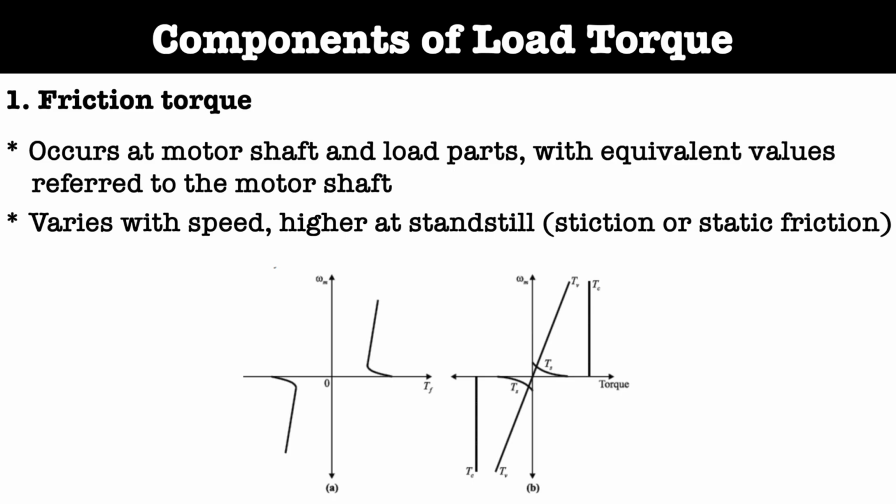Another component Tc, which is independent of speed, is known as the Coulomb friction. The third component Ts accounts for additional torque present at standstill. Since Ts is present only at standstill, it is not taken into account in the dynamic analysis.